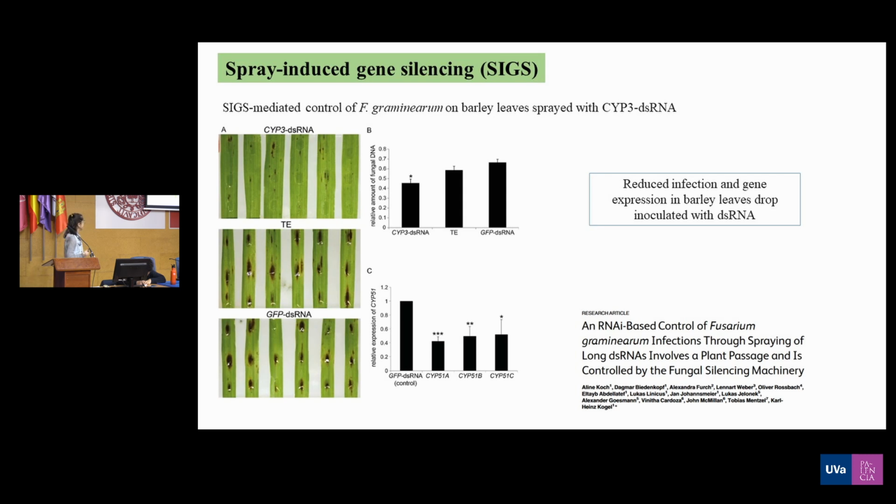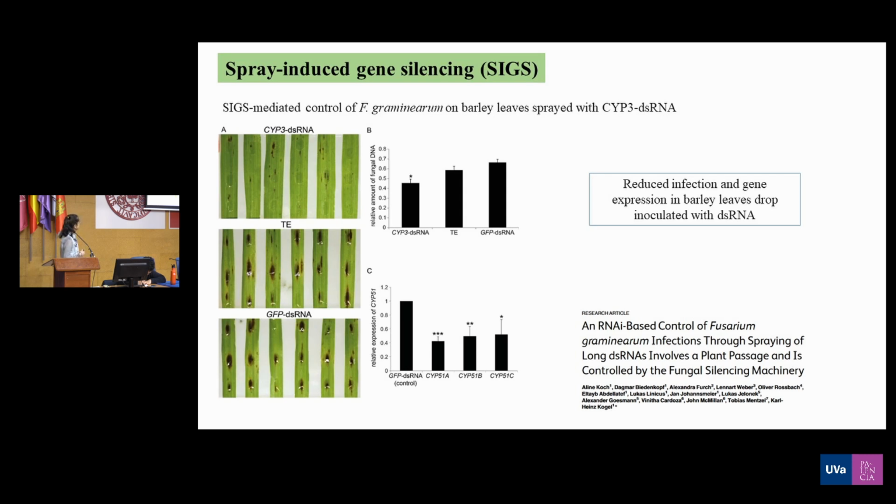Here we see in this paper an example of SIGS working in Fusarium graminearum on barley leaves. These leaves were sprayed with double-stranded RNA, again specific to pathogenicity genes in Fusarium.